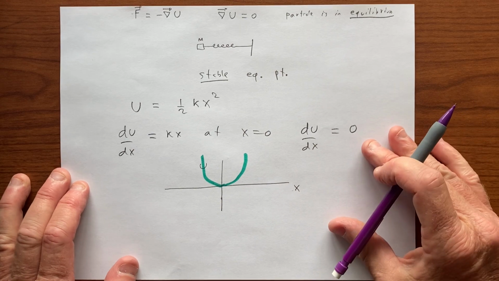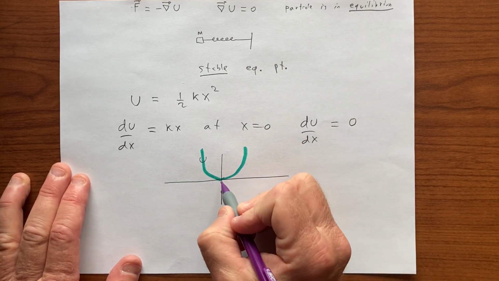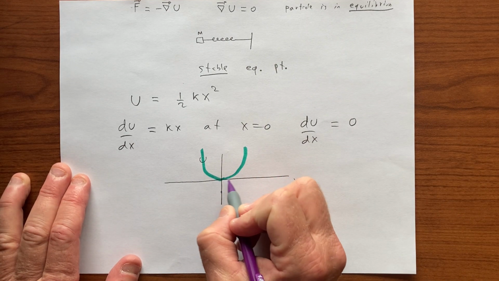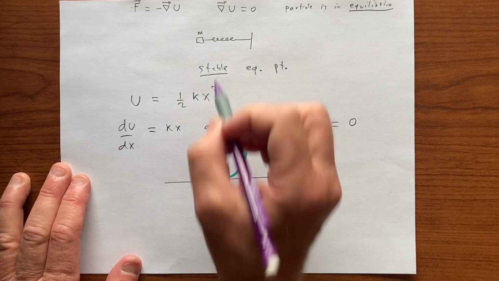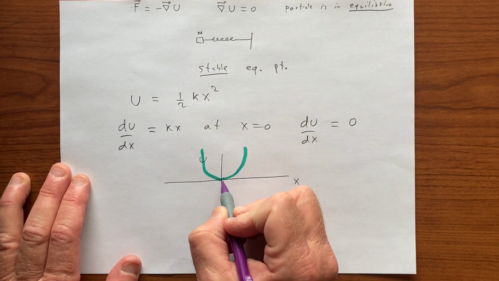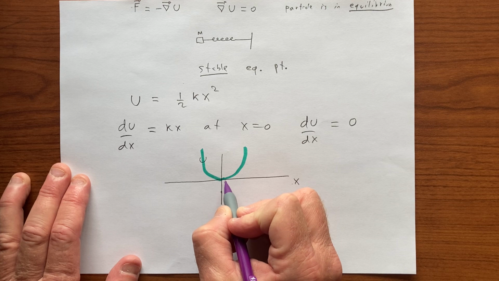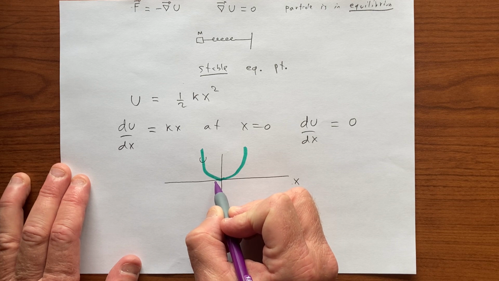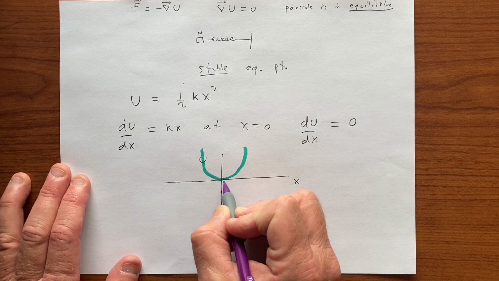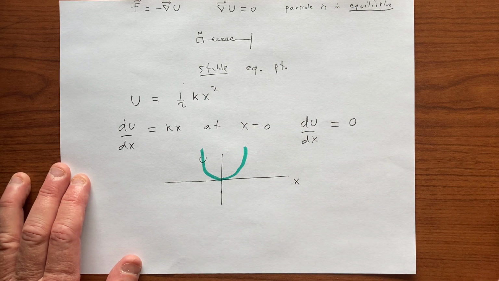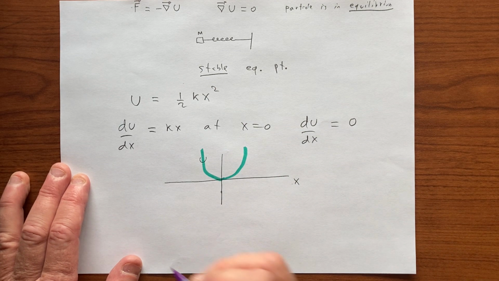So notice that this is a stable equilibrium point, because we know it's a stable equilibrium point from this analysis. We pull the particle to the side, the force will be this way, and when it comes this way, it'll be pulled that way. It'll tend to come back to x equals 0, so that's a stable equilibrium point.